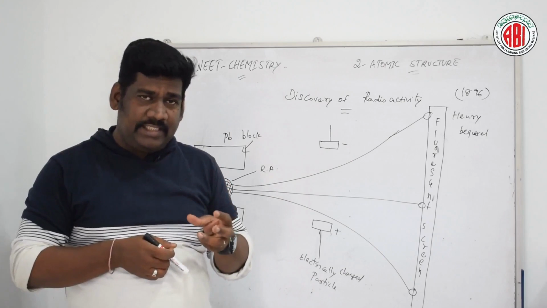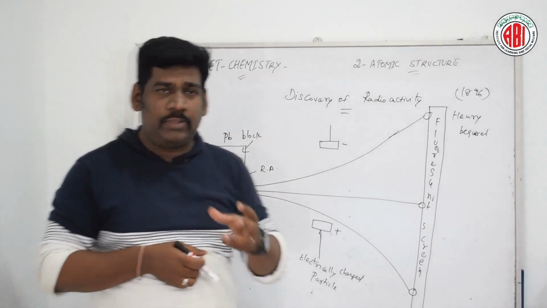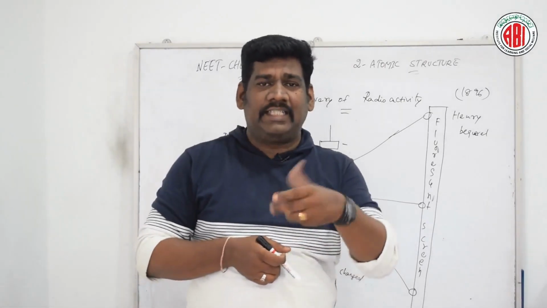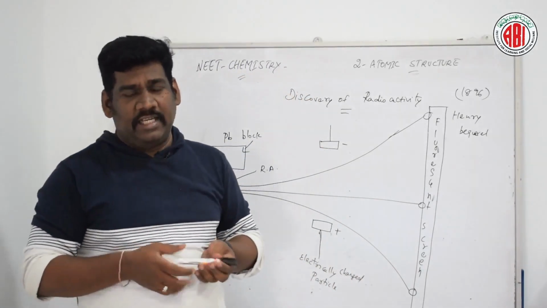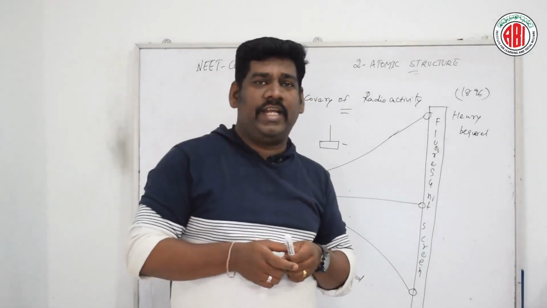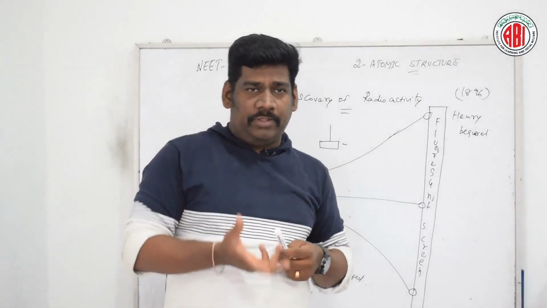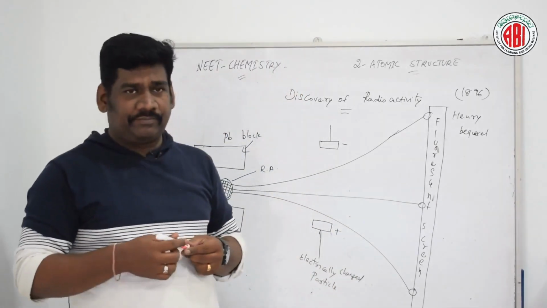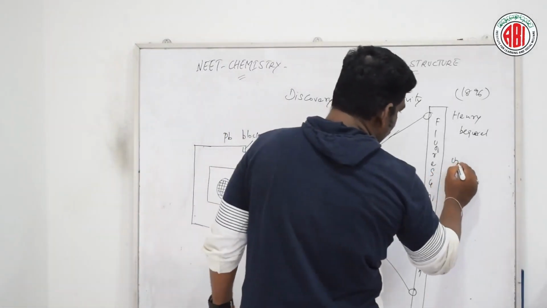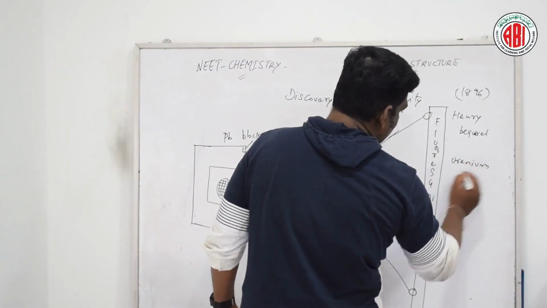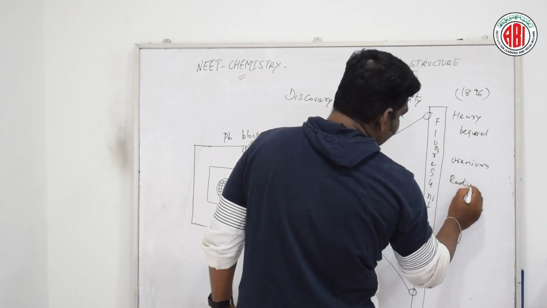Now the substances or elements that are able to emit such radiations are called radioactive substances. There are a few examples of these radioactive substances, like uranium, radium, polonium, thorium.